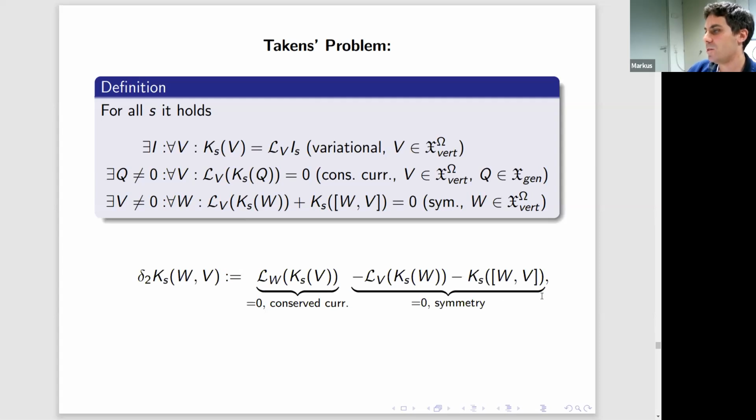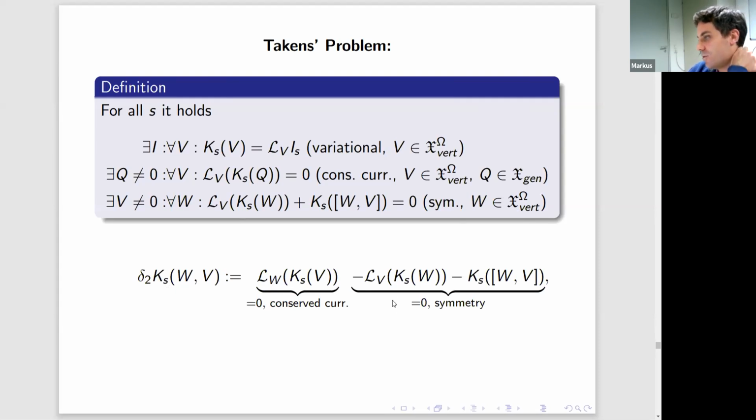And now we come to this integrability condition again. So this delta 2 was kind of the exterior derivative for our one functional k, and it was defined in such a way, with this expression. Now when we have a conserved current, so if this V is a generator of a conserved current, then this thing here must vanish for all W with this property of being vertical and so on.